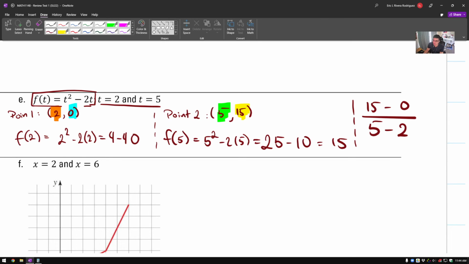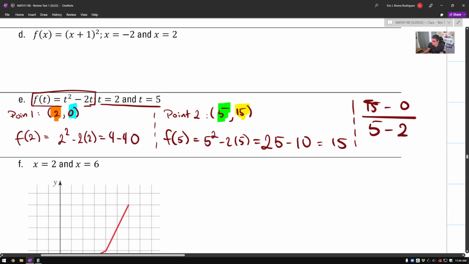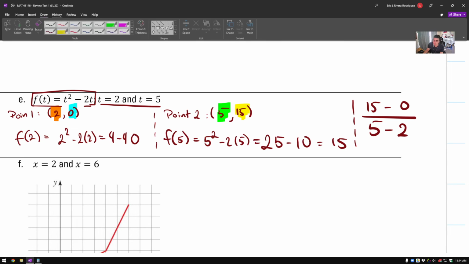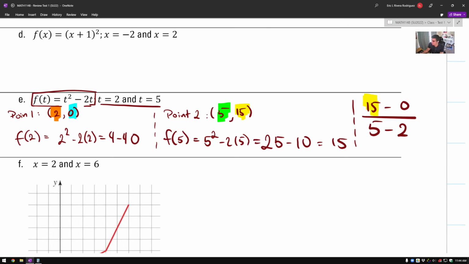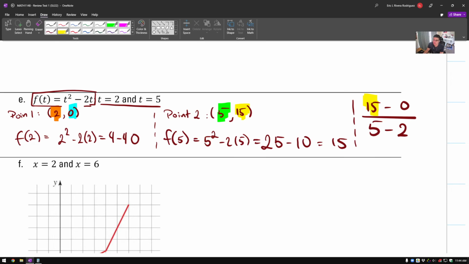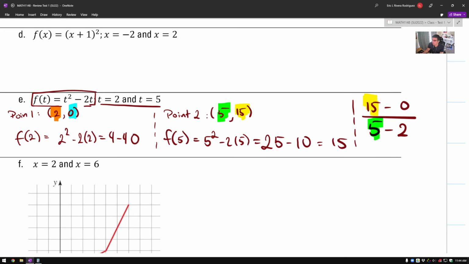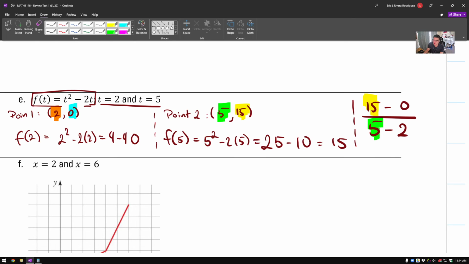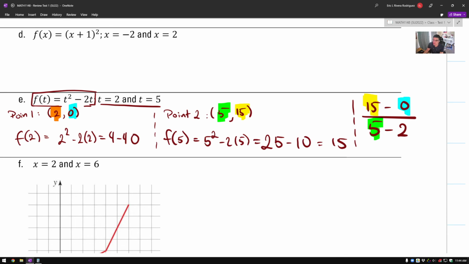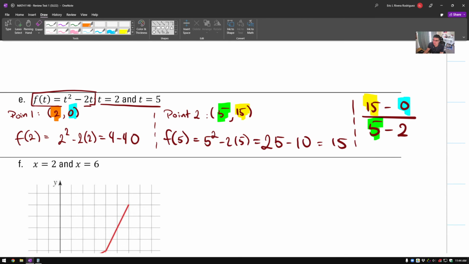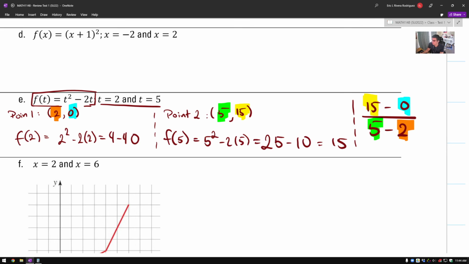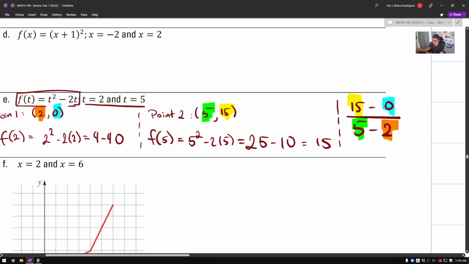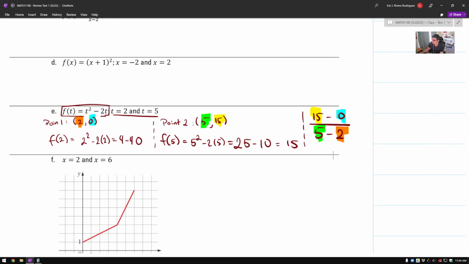Let me use the colors to indicate where I took those values. And then we just evaluate this. 15 over 3 is equal to 5.